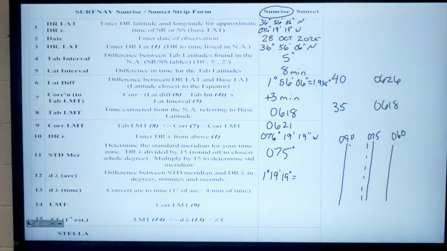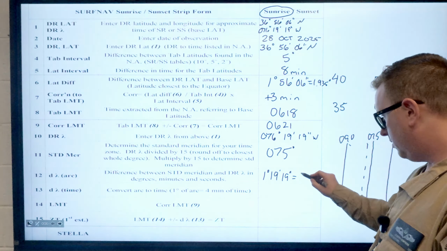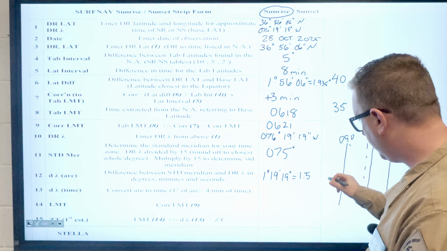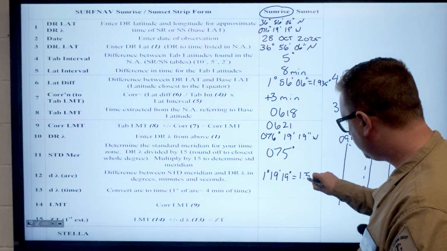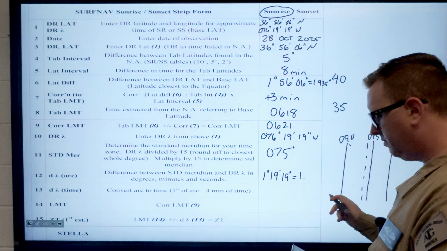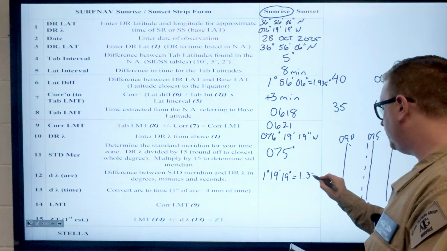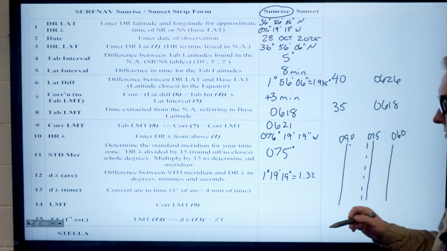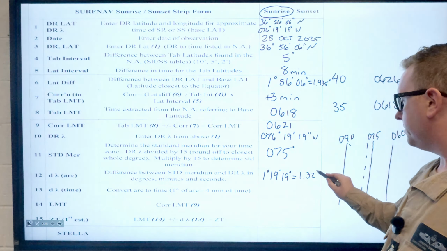Divide that by 60 plus 1, making that about 1.32 degrees.